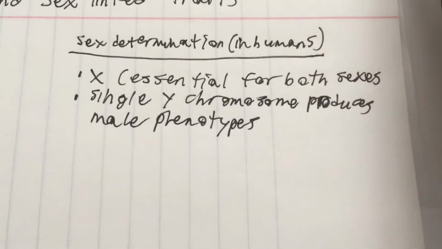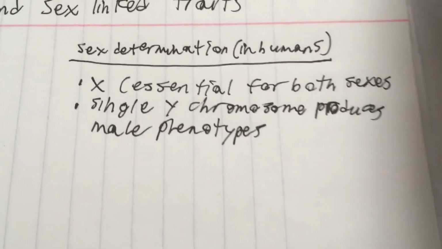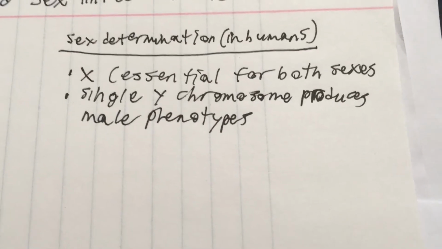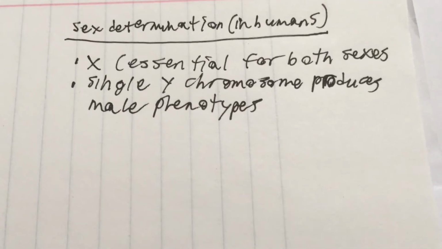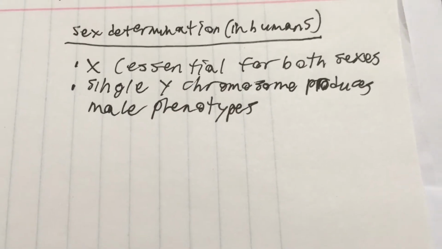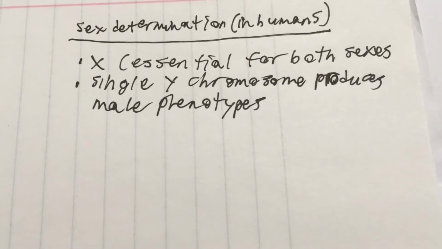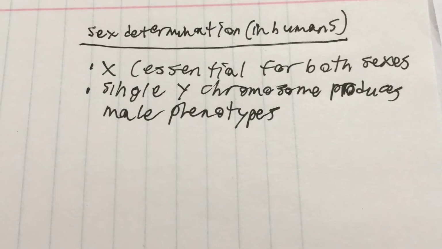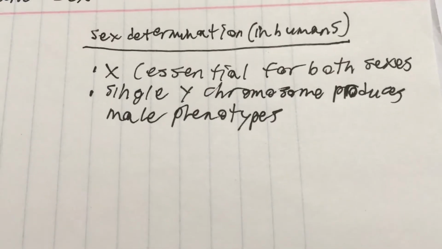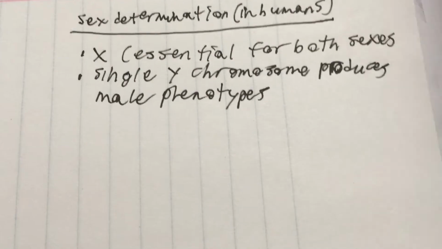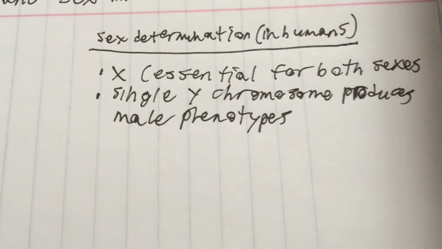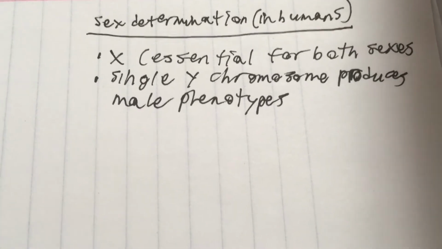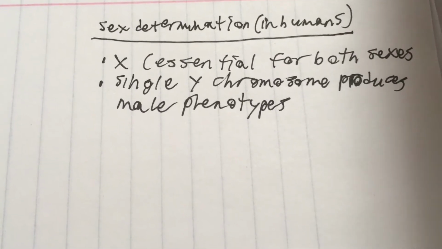So from here on out, we're going to focus on the sex determination in humans. What we see is that the X chromosome is essential for both sexes. You have to have an X chromosome, at least one, whether you're male or female. Now, a single Y chromosome produces male phenotypes, that is, male genetic expression, male characteristics. Even if there are multiple X chromosomes combined to it, it'll still produce male characteristics.